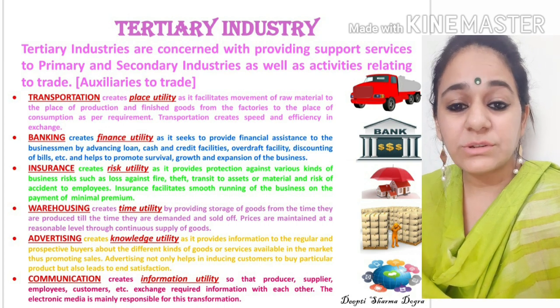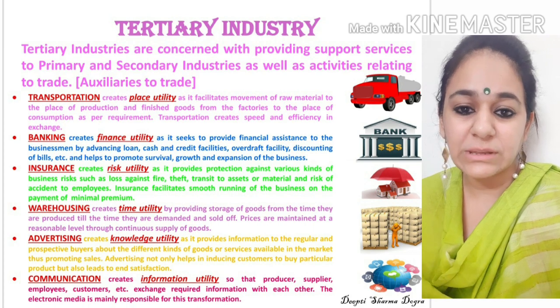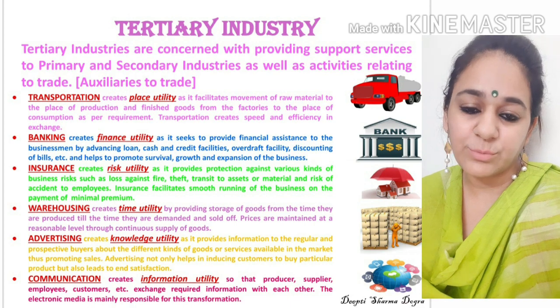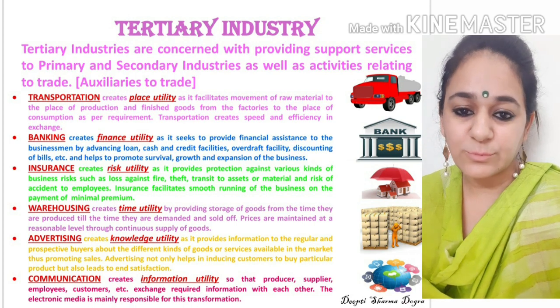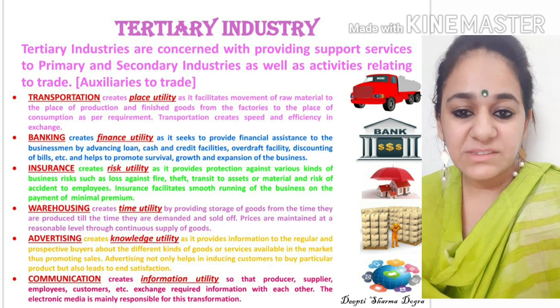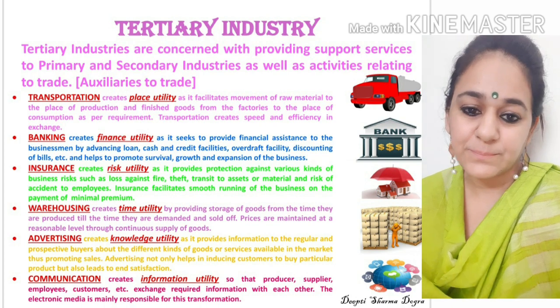Auxiliaries to trade or tertiary industries include, in a nutshell, I'm just telling you the names. For further explanation, you can go through my previous video. Tertiary industry includes transportation, banking, warehousing, advertisement, communication, and insurance.